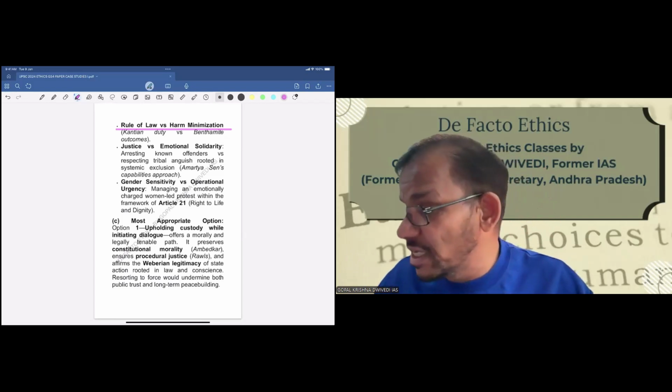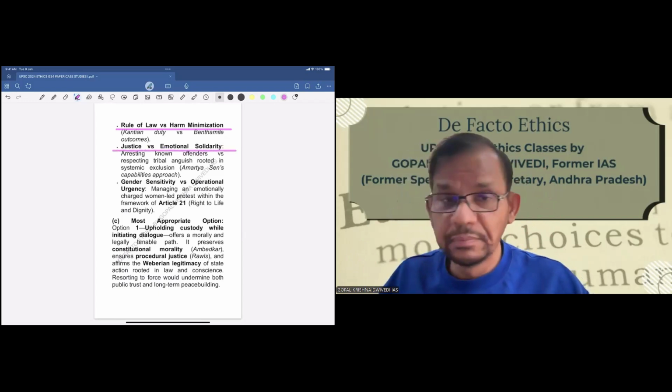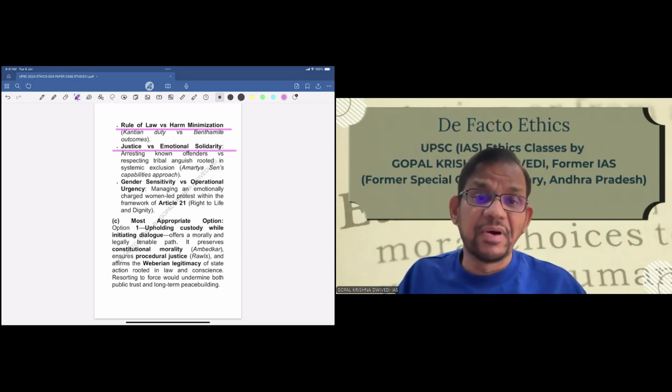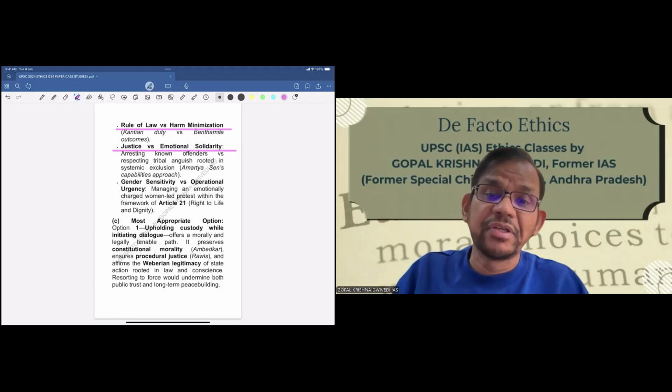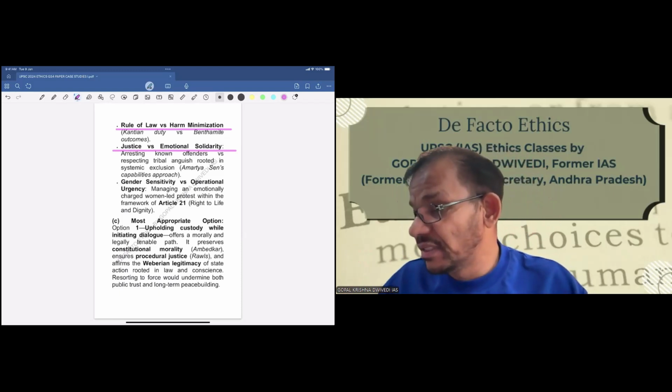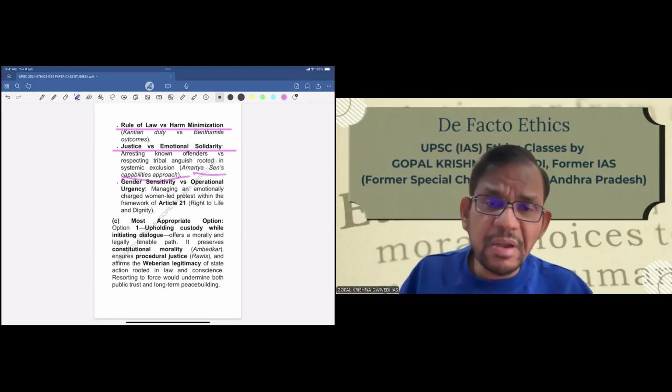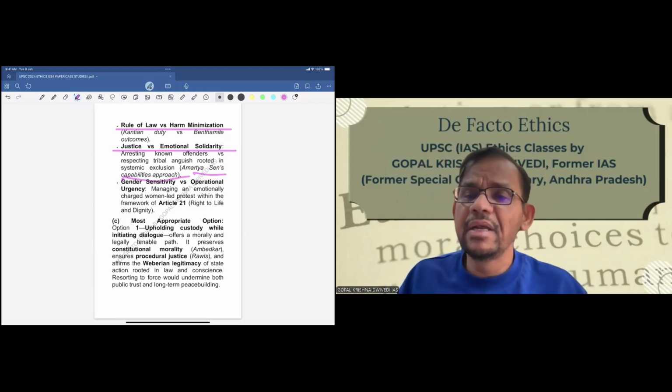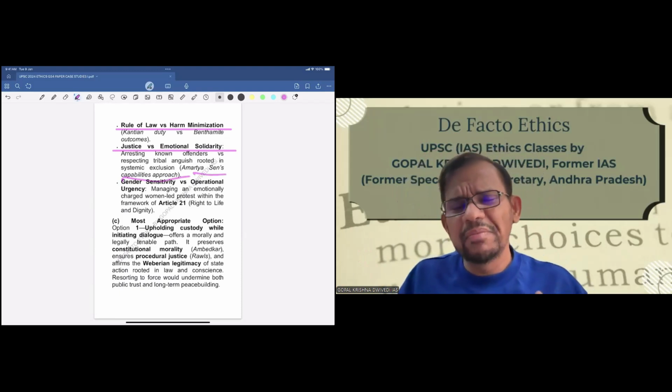Then justice versus emotional solidarity. Arresting known offenders versus respecting tribal anguish rooted in systemic exclusion. So this is again Amartya Sen's capability approach, because tribals have been excluded.